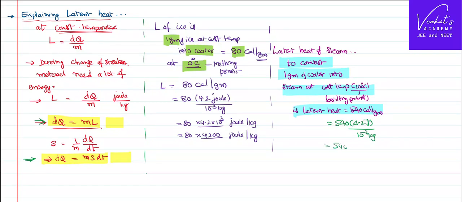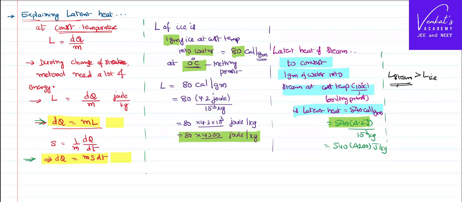So that is 540 into 4200 joule per kilogram. I want you to observe one thing a little carefully. Latent heat of steam is much greater than latent heat of ice. Latent heat of steam is 540, whereas latent heat of ice is just 80 calorie per gram.